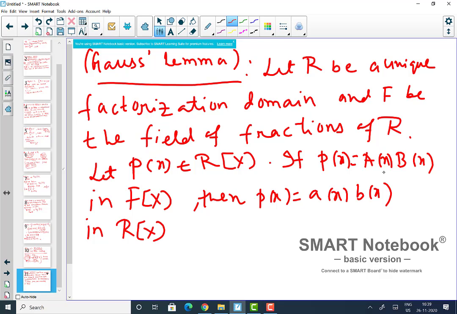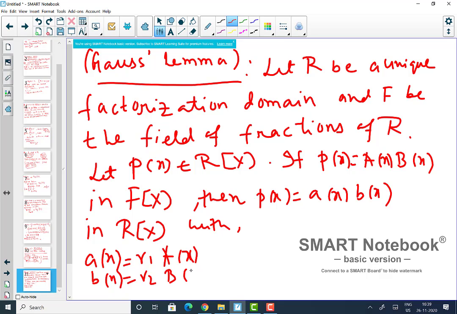That means if capital A(x) and B(x) are elements of F[x], then you can write them as small a(x), small b(x), which are elements of R[x], with the property that a(x) is some constant multiple of capital A(x), say r1 times A(x), and b(x) equal to some r2 times B(x), where r1 and r2 are elements of the field.